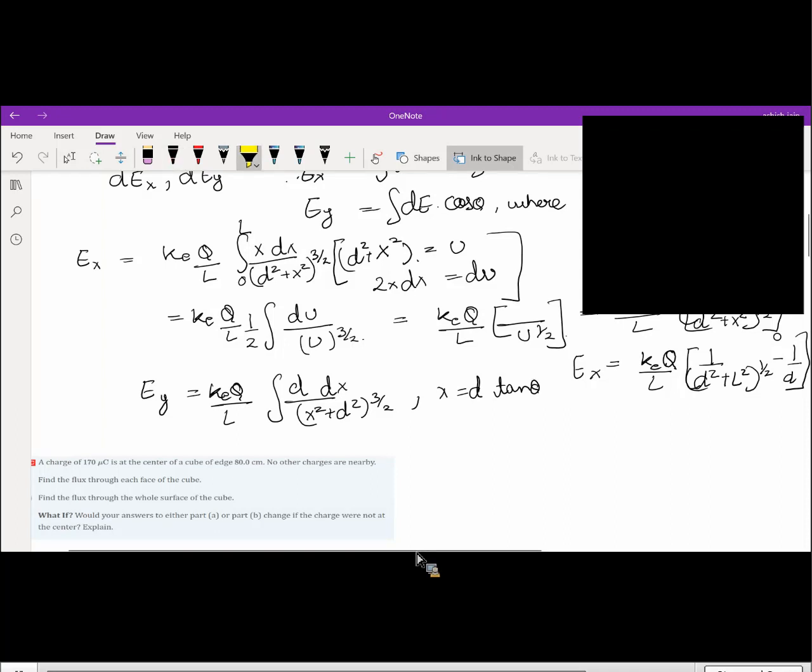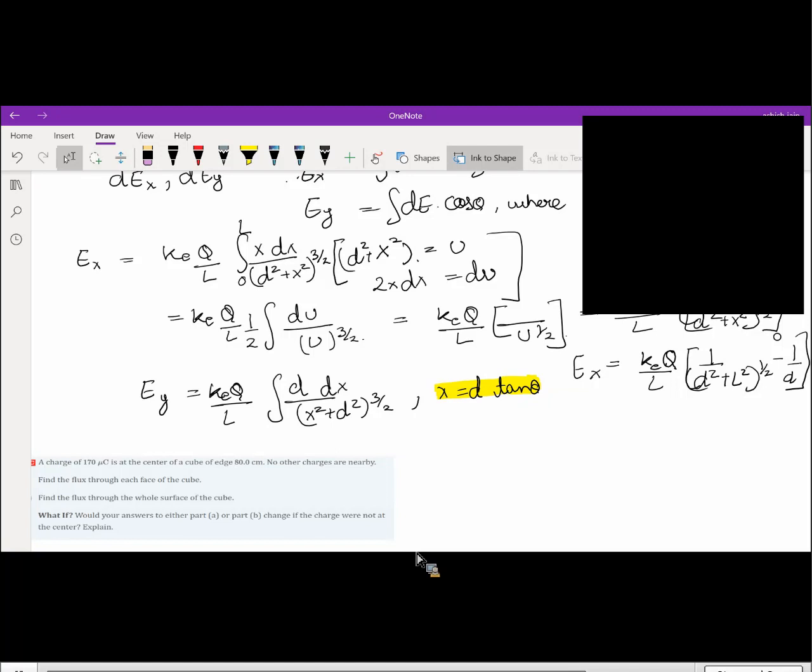If you are wondering why I chose this, though it's not a topic of physics or related to electricity and magnetism, the integral here is 1 by x squared plus d squared.